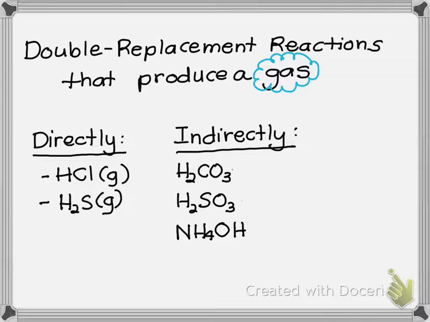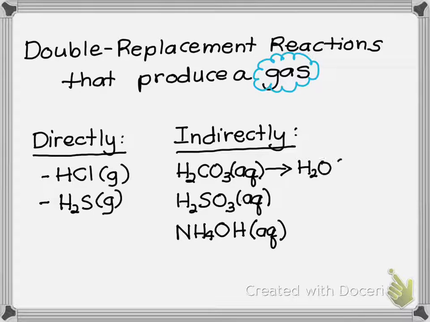And what happens is when you switch the partner, you would get H2CO3(aq), or H2SO3(aq), or NH4OH(aq), which would be correct in terms of switching the partners. But then if you were to check it out, you would see really in the back that there wasn't H2CO3. That's because H2CO3 breaks down immediately to make water and carbon dioxide gas.